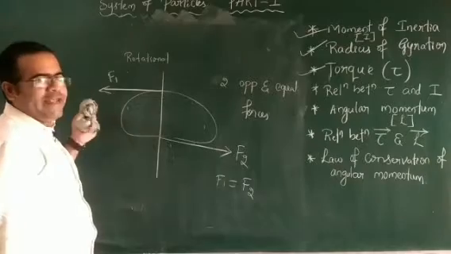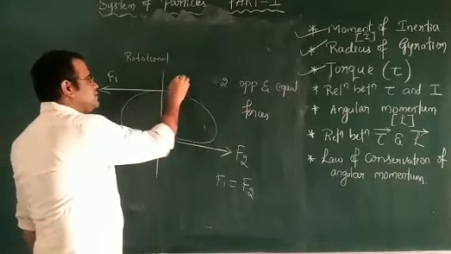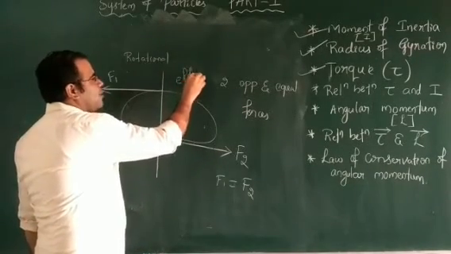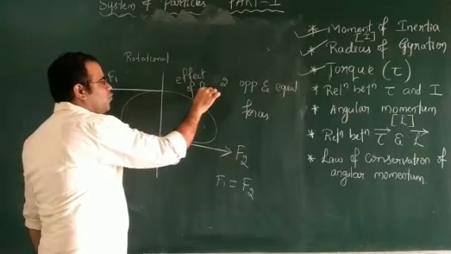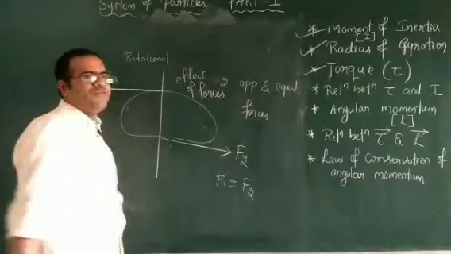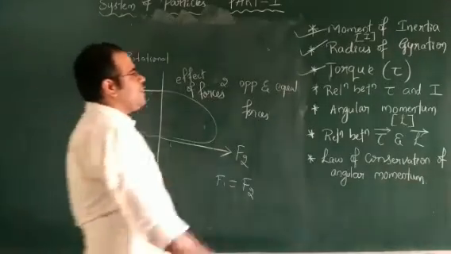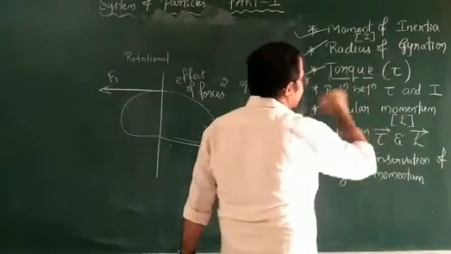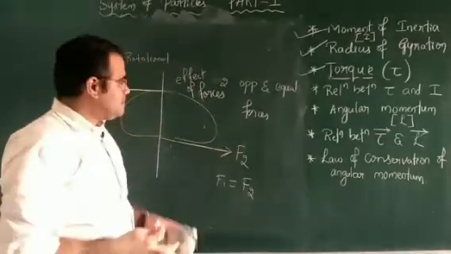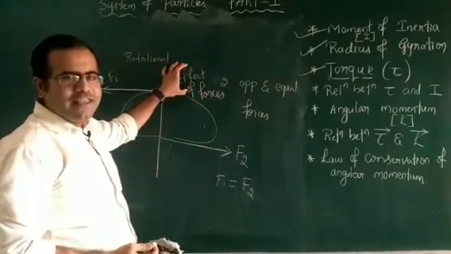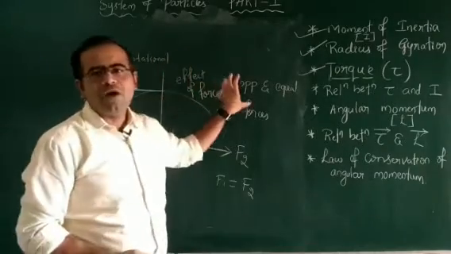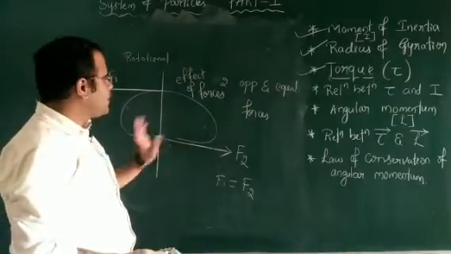Then the quantity we observe, we consider as the effect of the forces. That effect of the forces, only that we call torque. So torque is defined that way. So torque means, remember, only the thing we consider as the effect of the forces here. So what is the effect of the forces?